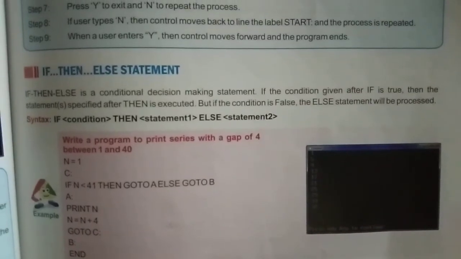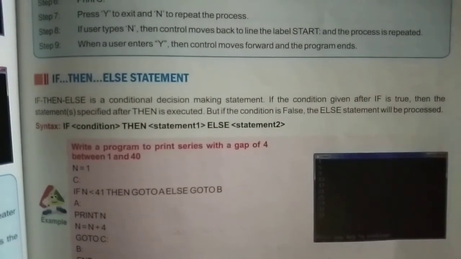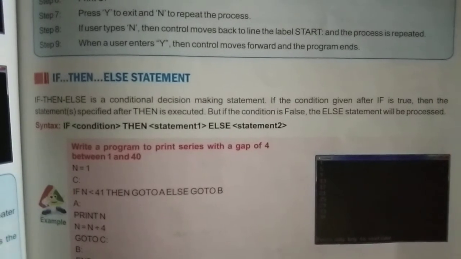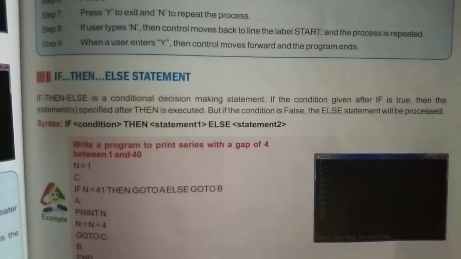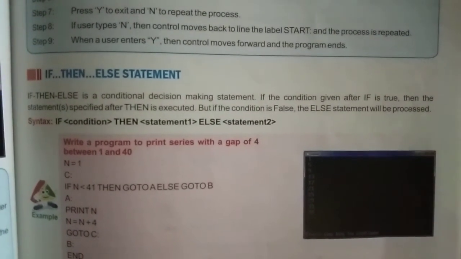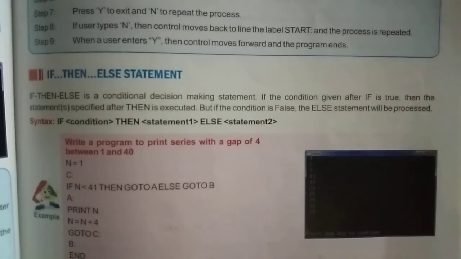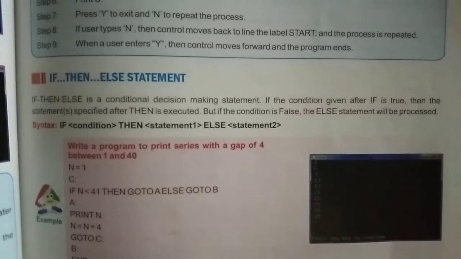Now I move further to our next condition, that is the if then else statement. Here it is the condition which helps in decision making. I have to put a condition in my formula that if the condition given after if is true, then the statement after then is executed.